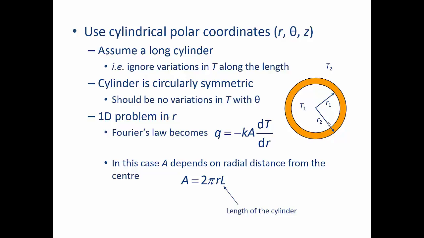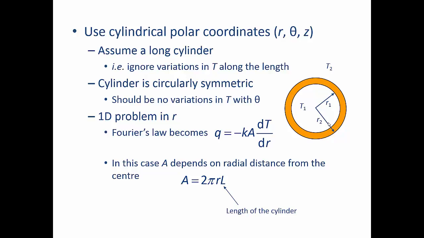All the temperature variation is in a radial direction, so I can recast Fourier's law as Q equals minus KA dT by dr. You'll notice that looks like I've simply replaced x by r in Fourier's law. Strictly, the conversion from Cartesian to cylindrical polar coordinates involves a little bit more work than that. It just so happens that for this simple one-dimensional case, it looks like I've simply replaced x by r.